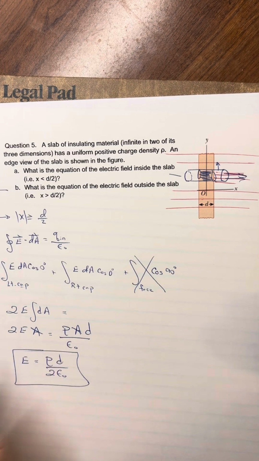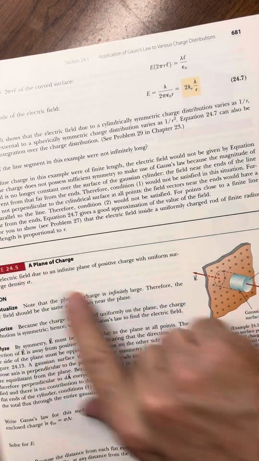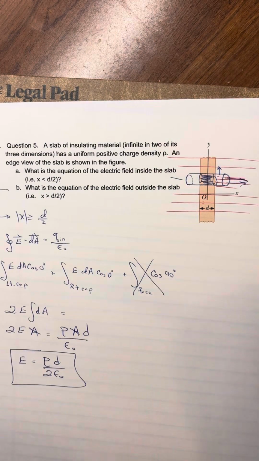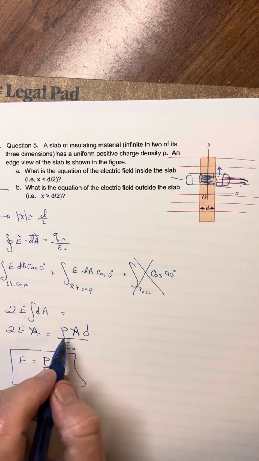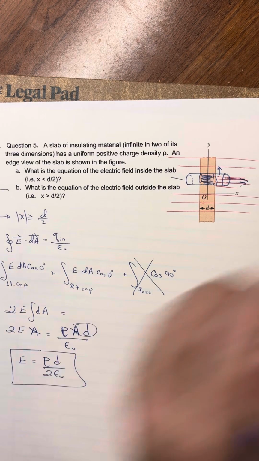And since ours has thickness, that's where it differs a little bit from this example in the book. But I think you see the idea. It's still a charge inside. My difference here is charge inside. I did rho, which is charge per volume, so I'd have to multiply by volume.